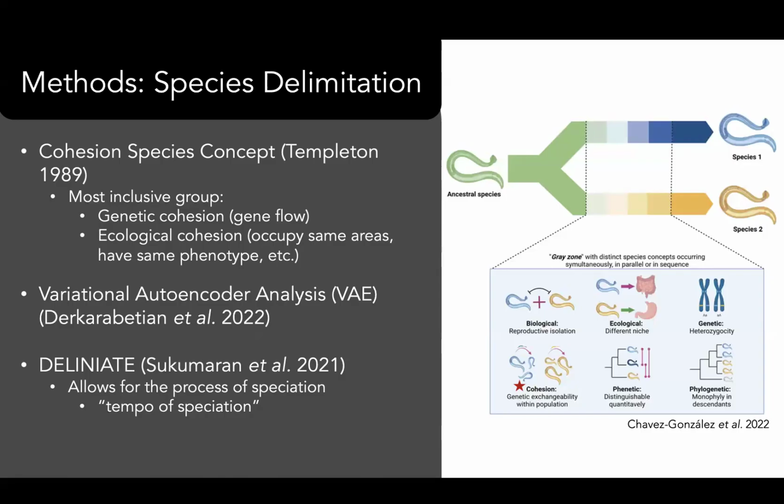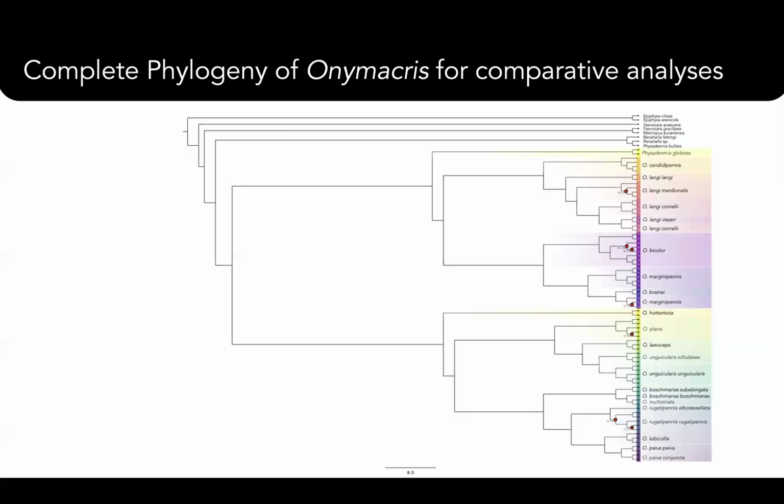And then for actual delineation, we used DELINEATE, which allows for the process of speciation that's still occurring, and it estimates a tempo of speciation.